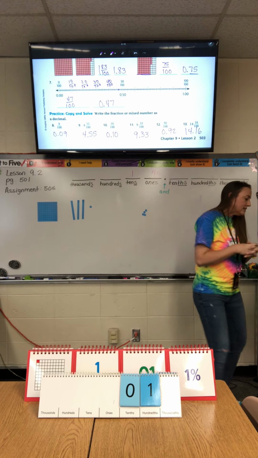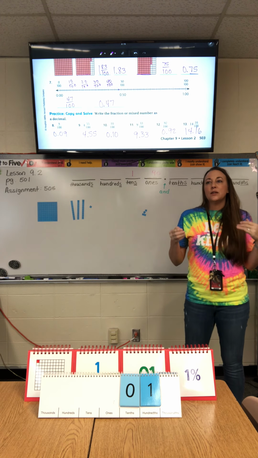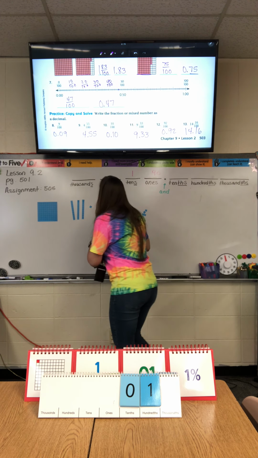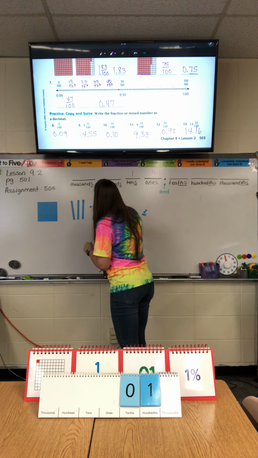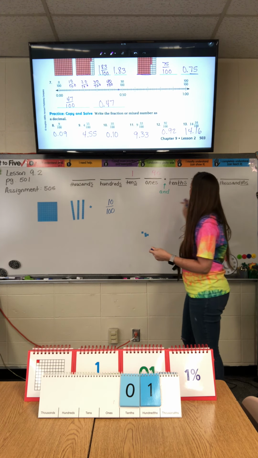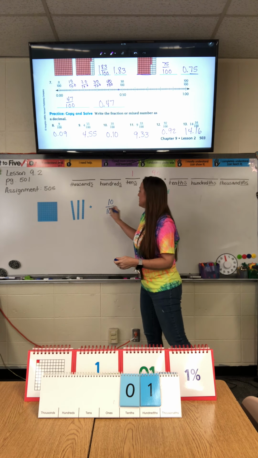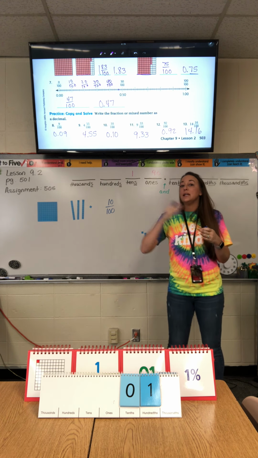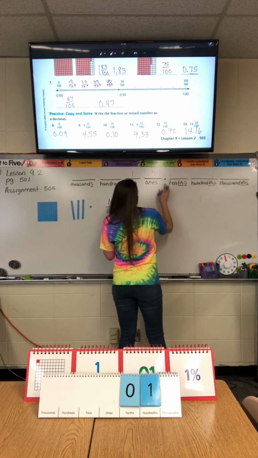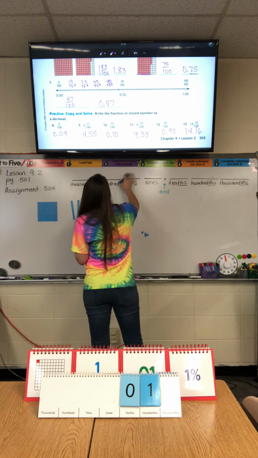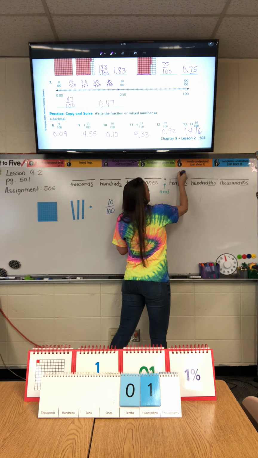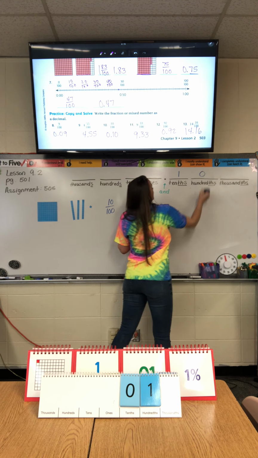to me, I think the trickiest part is knowing that when you have like 10 over 100, and you're trying to write that in the hundredths place, since you can't fit 2 digits in that hundredths place, you have to carry that 1 to the tenths place. So the way that you would write 10 hundredths as hundredths is 1 tenth and 0 hundredths.